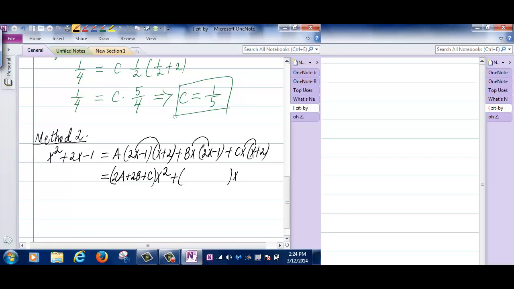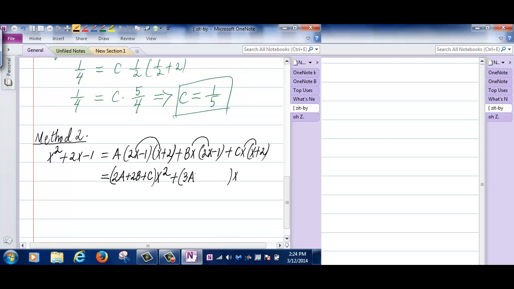You can multiply 2x and a 2, which is positive 4, right? And you can also multiply negative 1 and x. So in total, what do you have? Positive 3x, right? That will be multiplied with A, so you get positive 3A.